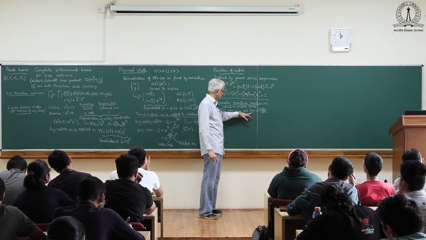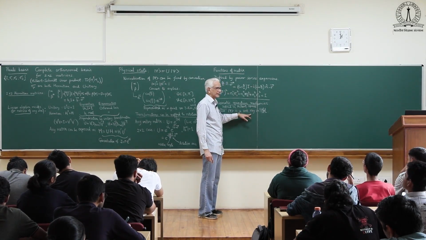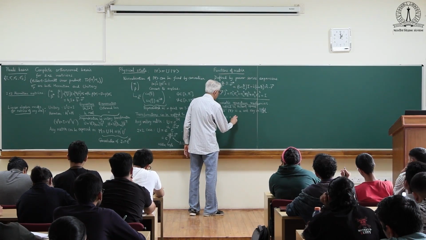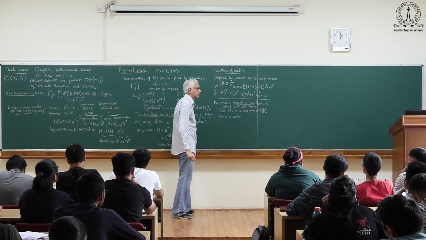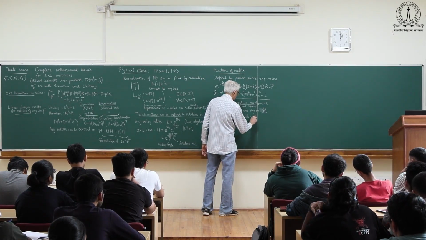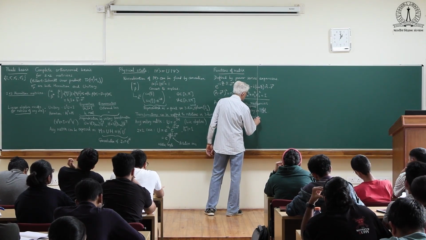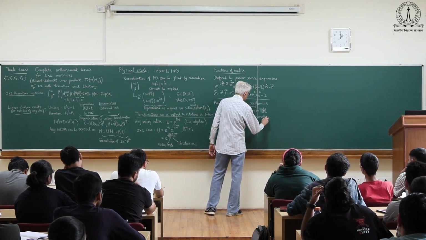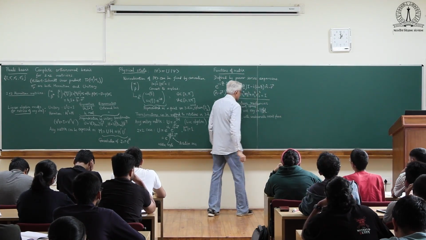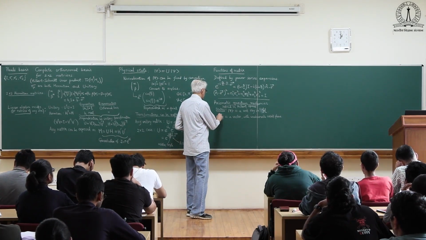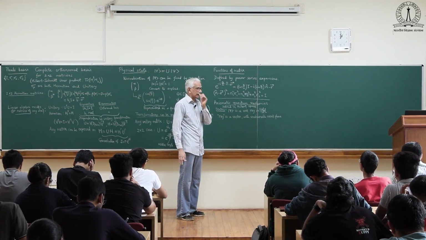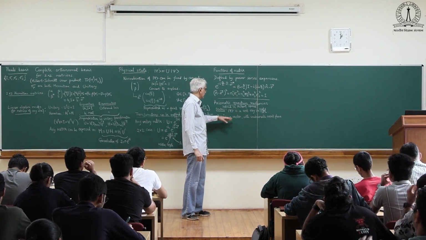I use a different word here, which is called a ray, and it is a vector, but vector is something which we understand from linear algebra and Cartesian coordinates, etc. This is a complex number or complex coordinate space.